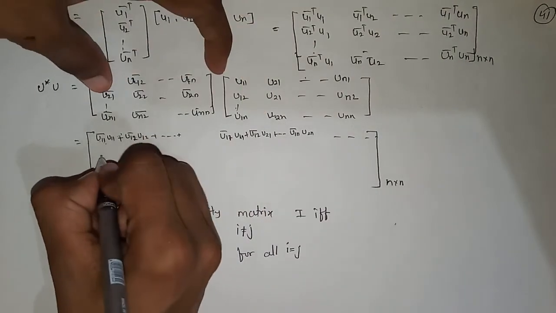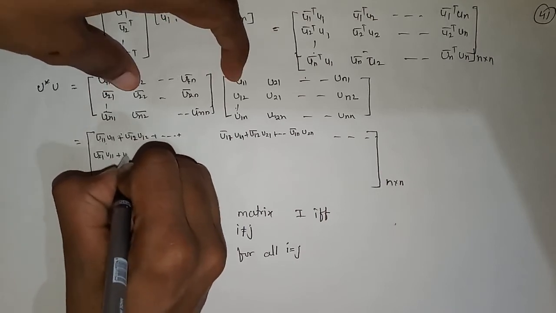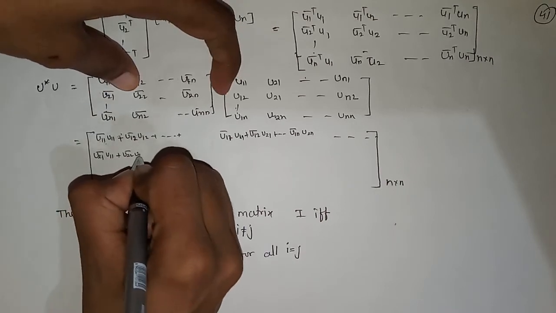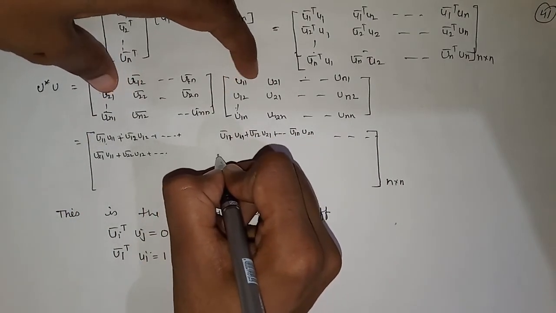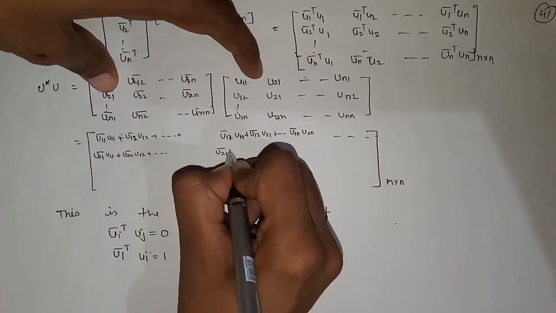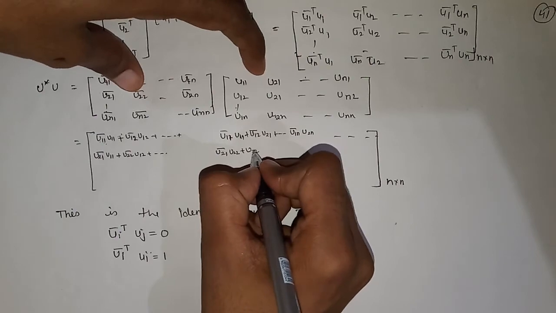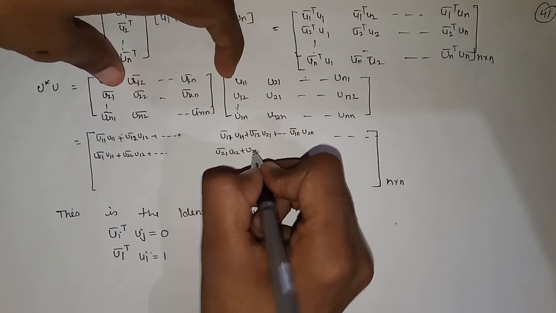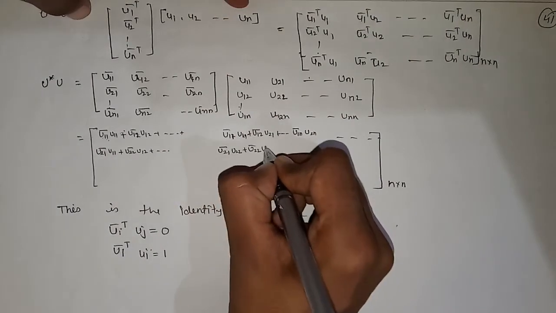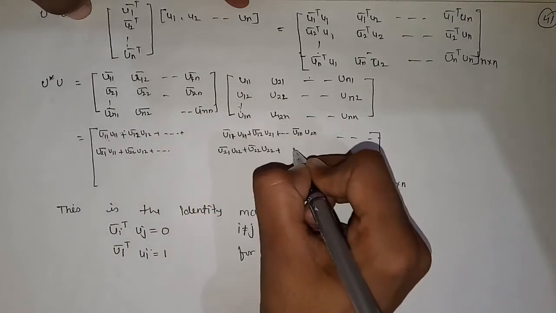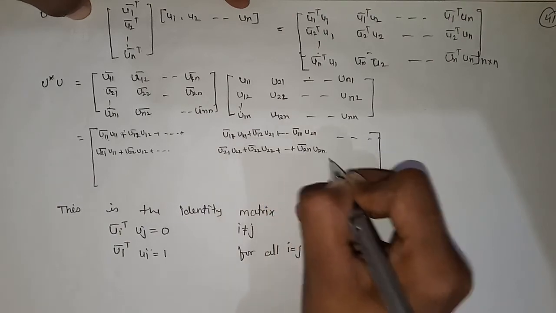Similarly here u21 bar u11 plus u22 bar u12 plus and so on, and here we have u21 bar u21, u22 bar u22 plus u2n bar u2n, and so on.